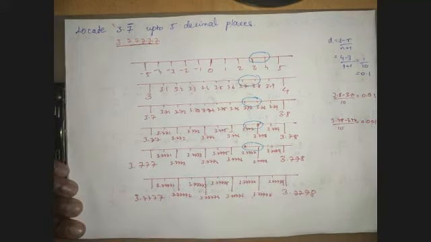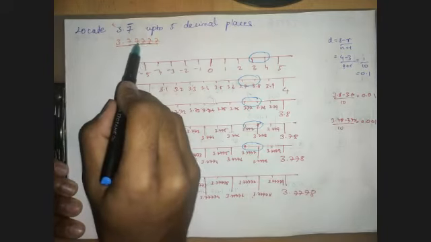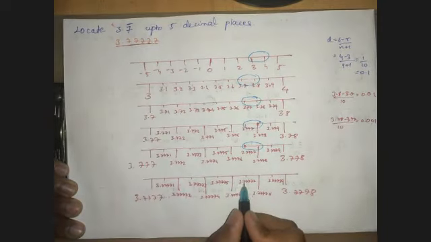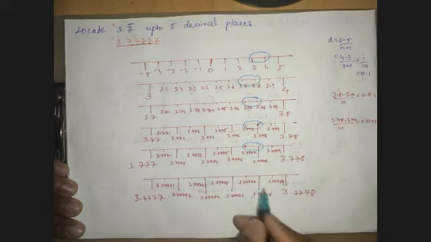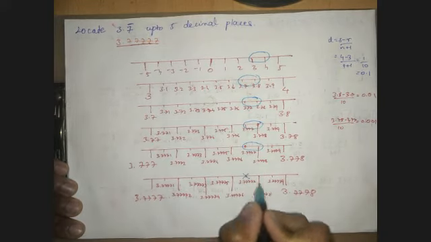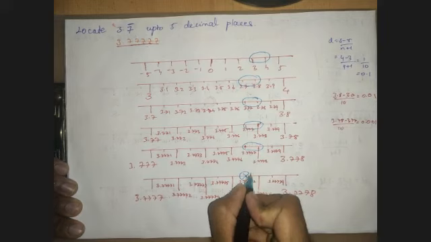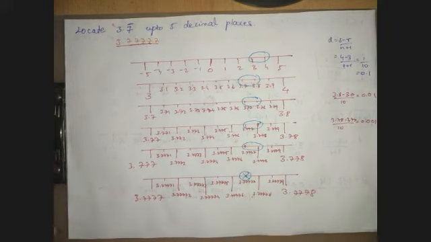So after I draw this, where is our number 3.77777? It is here, 3.77777. So I mark this place. So this is what we needed. It is marked. So this is how we solve it in our exam.